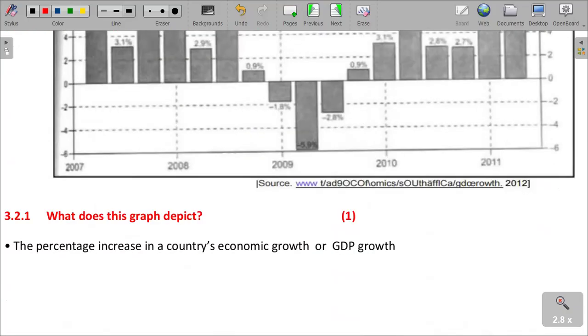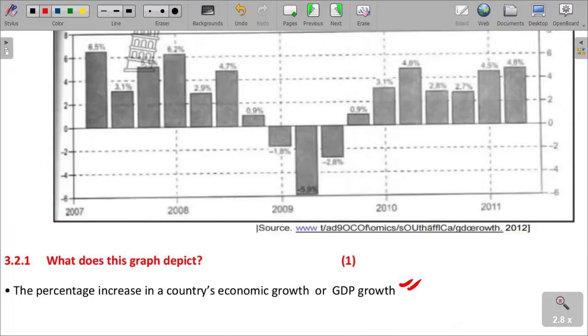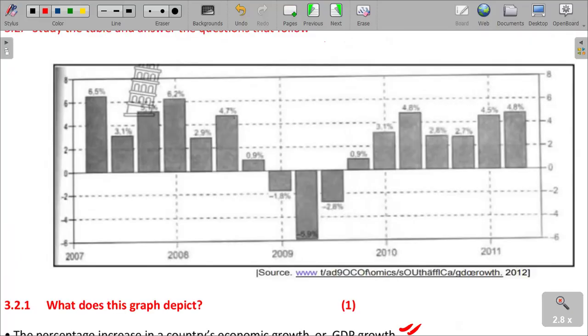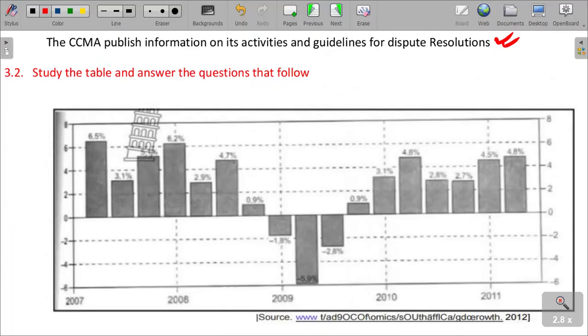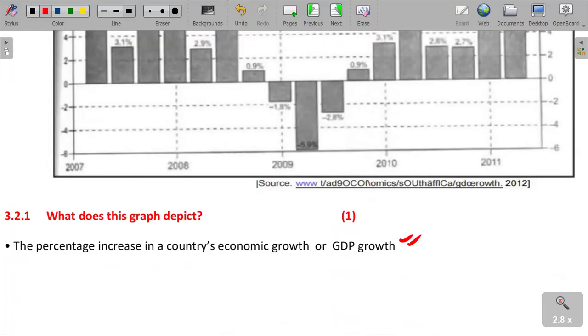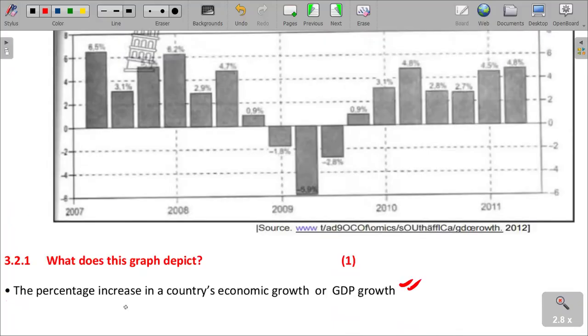So it depicts the percentage increase in a country's economic growth, which is also called GDP growth. It is measuring gross domestic product within a country. We have 2007 to 2008, 2008 to 2009, going up to 2011. So it demonstrates the GDP growth rate of a given country, which is of course not said in this case.